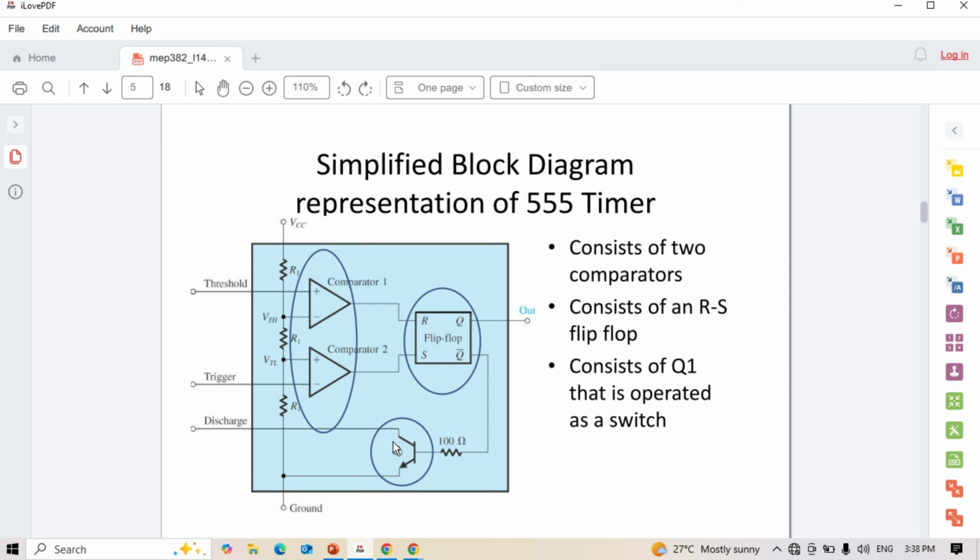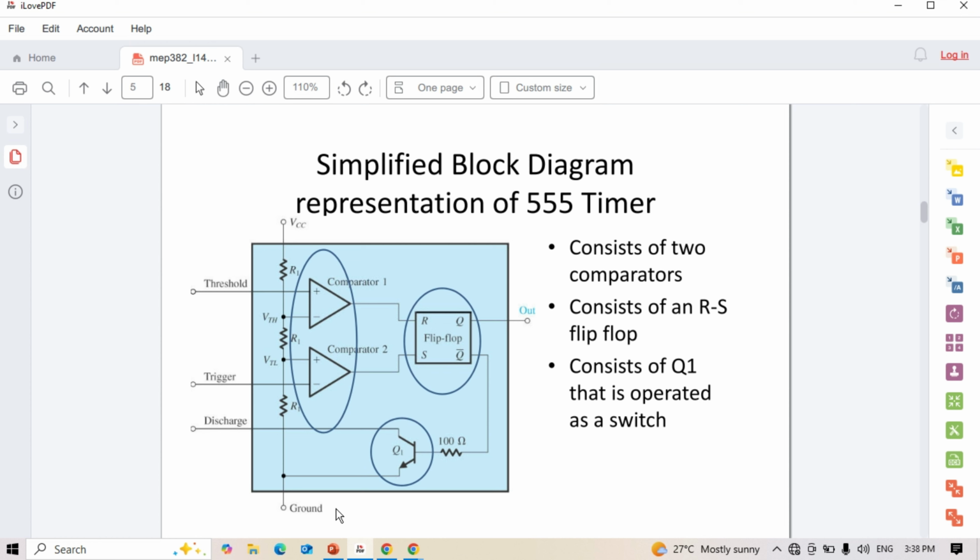When you see the pins, there will be threshold, trigger, discharge, VCC, V out, and the ground pin. So these are the pins related to the 555 timer.